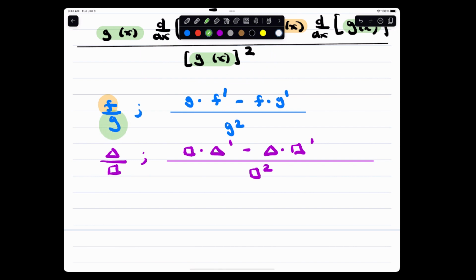So you take g and you square it, you bring that g back up, and then you differentiate your f. And then minus that f times, and you differentiate the g. Don't forget these derivatives.